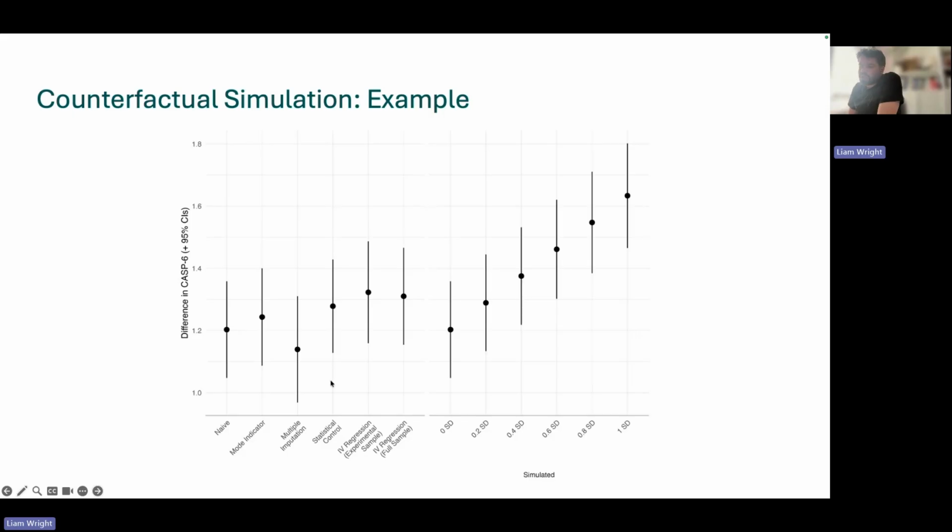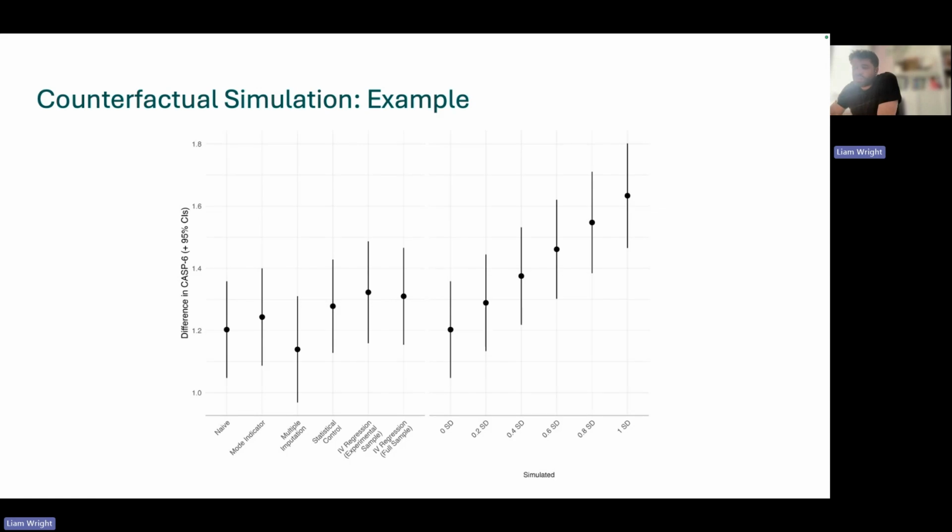There's also the results of the approaches that Richard spoke about before, so adding a mode indicator to the regression model, using multiple imputation, and adding statistical control, so not just the mode indicator, but more control variables too. And these also change the estimate, some towards the unbiased experimental estimate, but they don't remove the bias exactly.